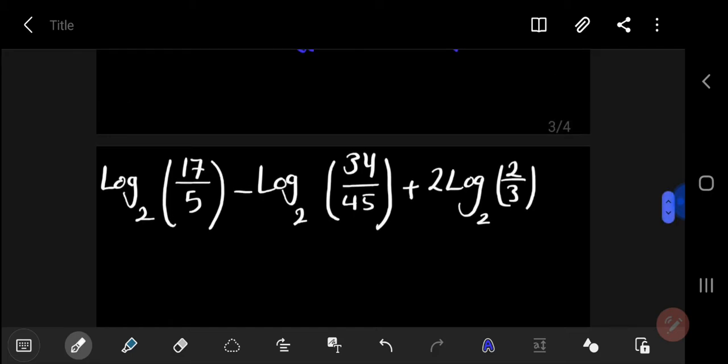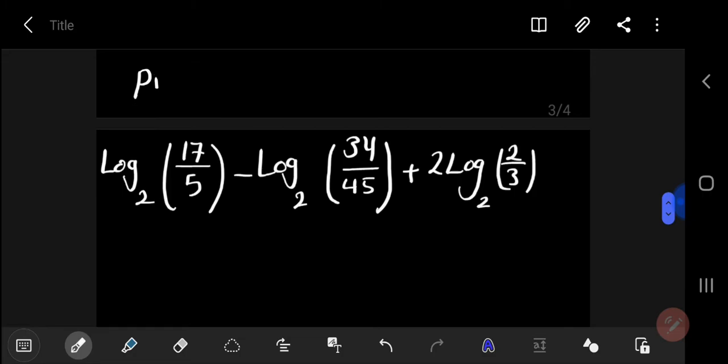The example says prove that this must equal 1. How can I prove it?